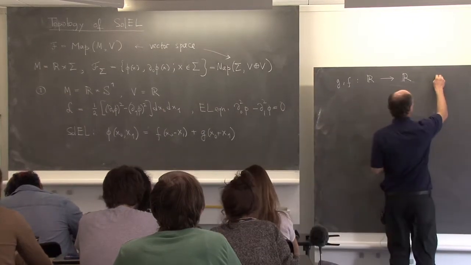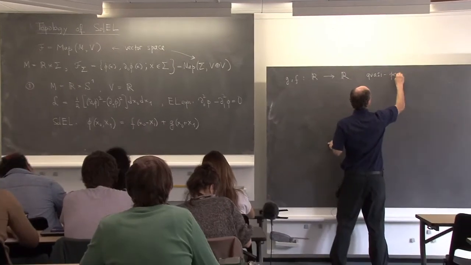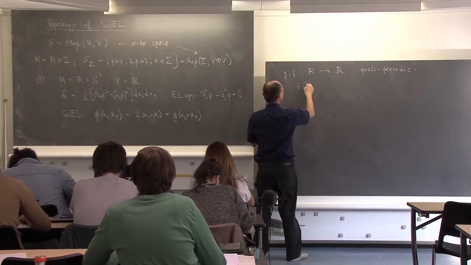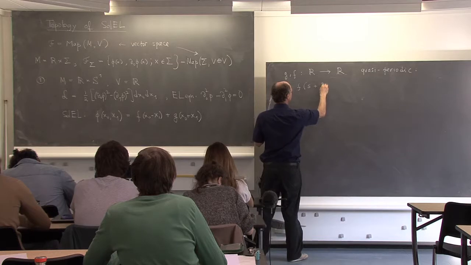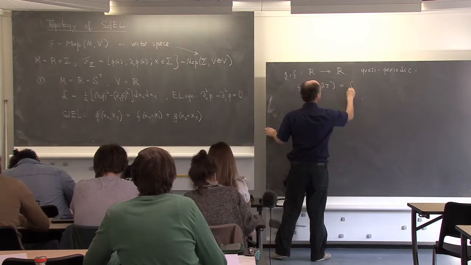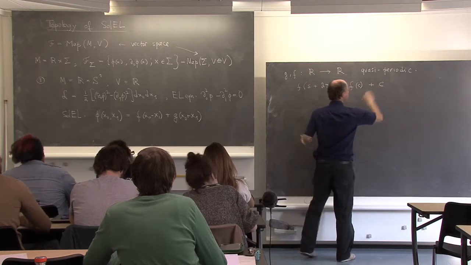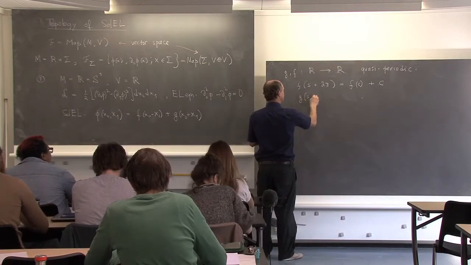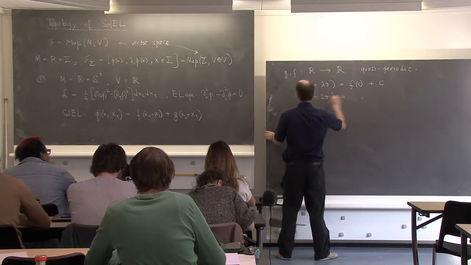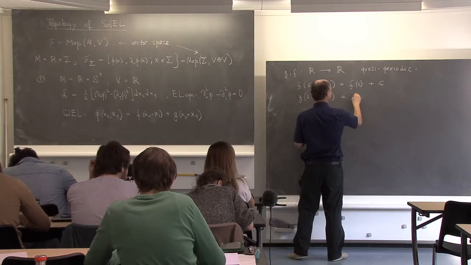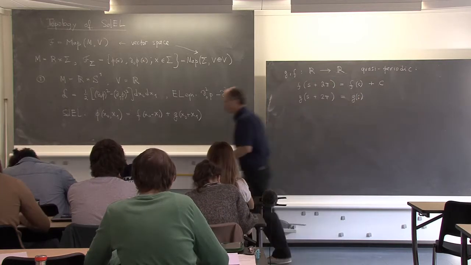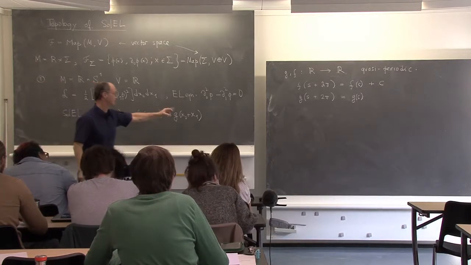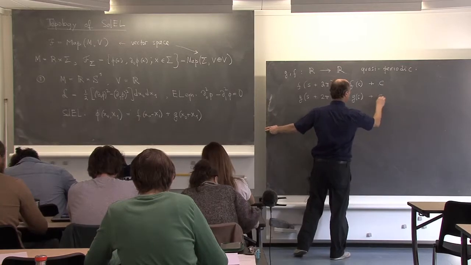So in fact, we need them to be quasi-periodic, meaning the following. f of s plus 2 pi is f of s possibly plus something, and then g of s plus 2 pi will be g of s plus the same thing, right?